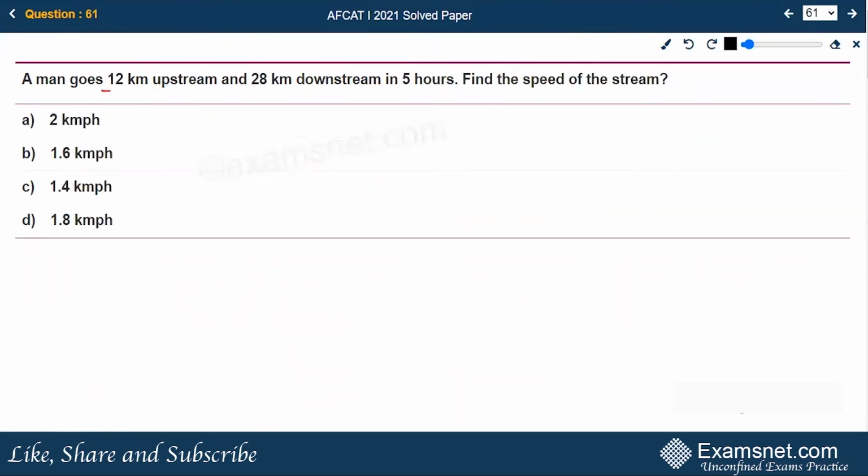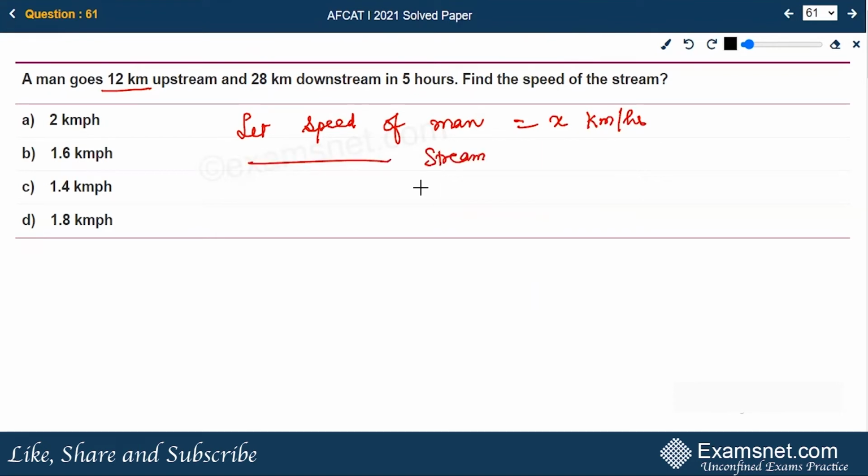A man goes 12 kilometers upstream and 28 kilometers downstream in 5 hours. Find the speed of the stream. First of all, let the speed of the man be x kilometer per hour, and let the speed of the stream be y kilometer per hour.